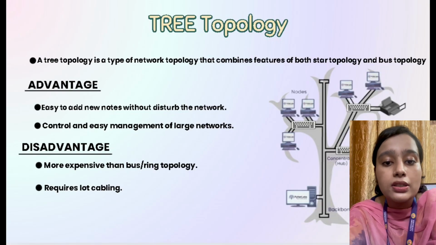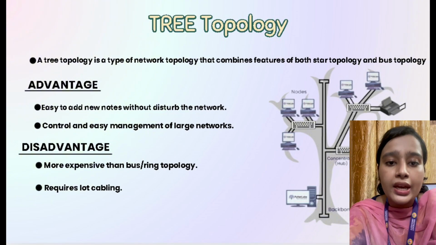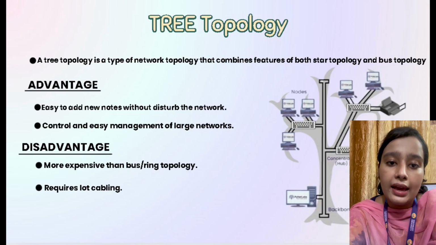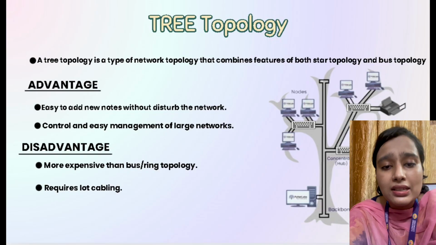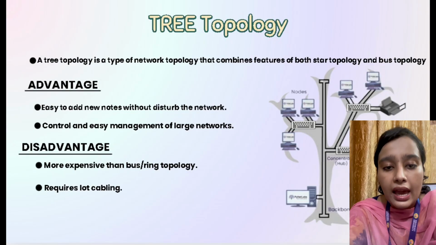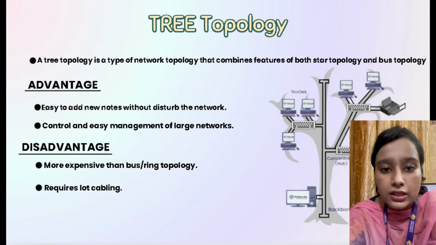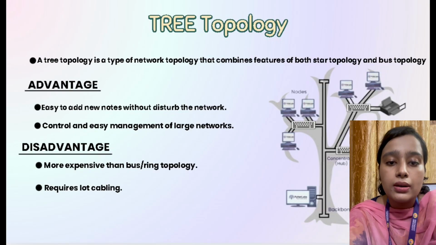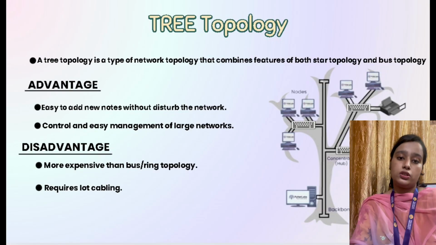Tree topology's advantages are that you can easily connect new nodes without disturbing the whole network, and it is easily managed. And there are also some disadvantages. It has cost.